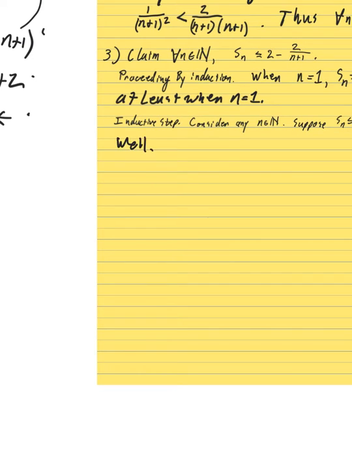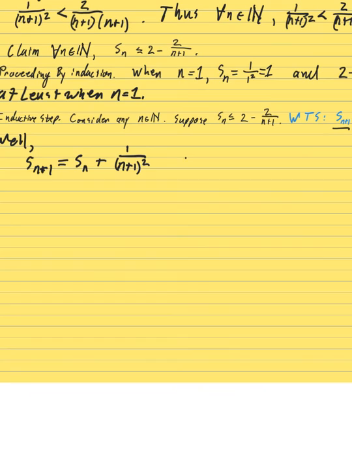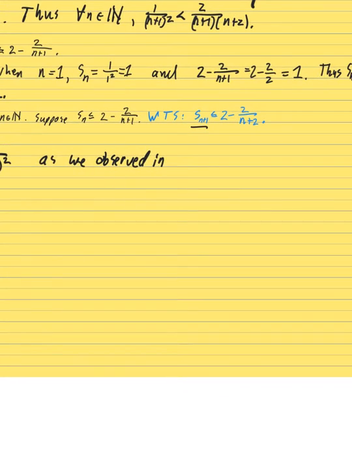Well, s sub n plus 1, let's see, I've already checked that that is equal to s sub n plus 1 over (n plus 1) squared, as we observed in step 1.